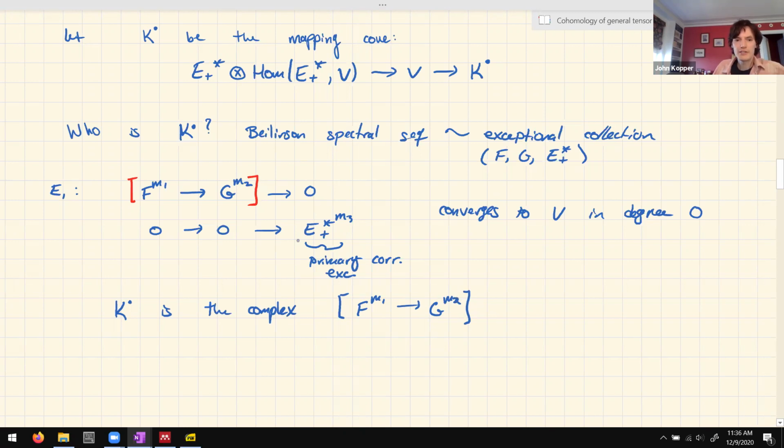And so it really shows up very explicitly if I know about the balancing spectral sequence. The fact that this is the same as what I've written above is, again, maybe not quite obvious, but it's not so bad. So these are the two pieces, the primary corresponding exceptional and this complex K that I've just defined for you. Those are the two pieces of information I need to state the theorem.